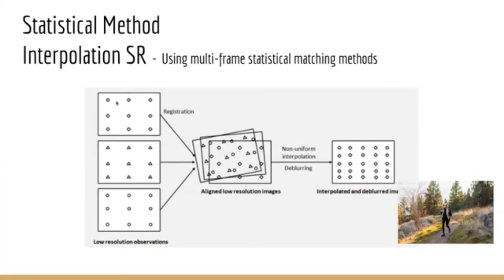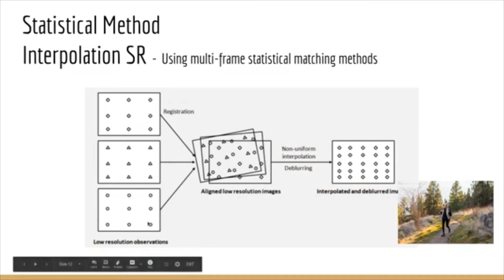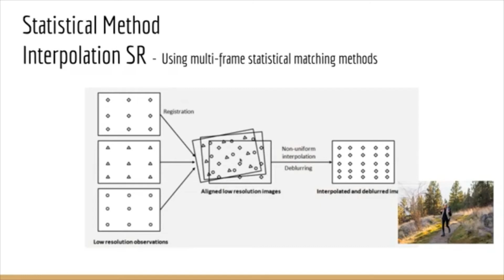In this case, the diamonds, triangles and circles are different features, and the arrangement of each of them is the feature, and they can be aligned together over multiple frames. This computational expense is what is holding back the statistical method of interpolation SR from being used in real time, and it is more of a post-processing step.